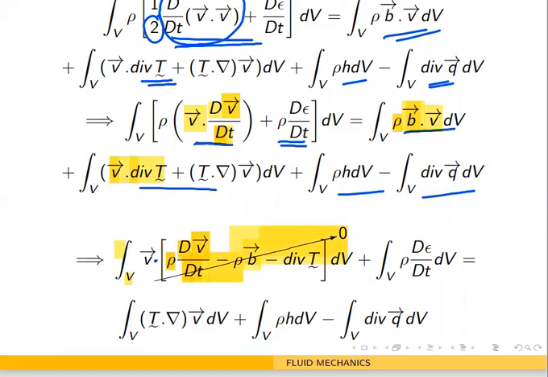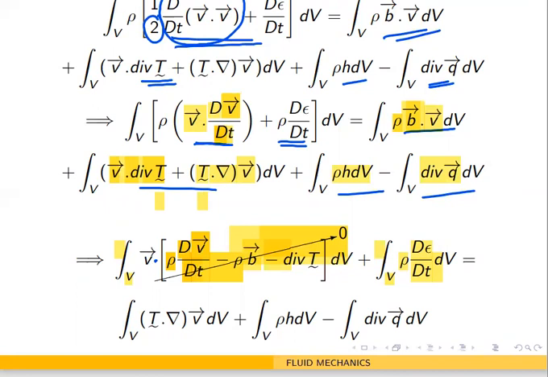Then minus divergence T, because this was on the other side of the equality. The remaining as it is: the volume integral of rho d epsilon by dt dV equal to the remaining terms on the RHS.